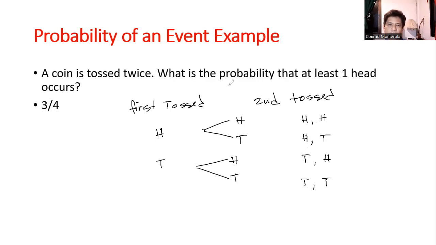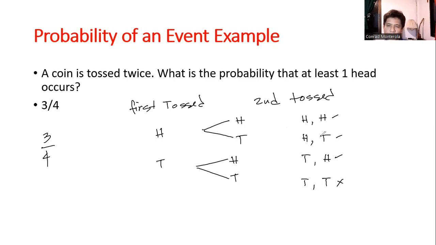Now we are asked what is the probability that at least one head occurs. So this belongs to the event because it contains two heads. Also this two belongs to the event. So the only one that does not belong to the event is the last one, yung TT. So if you're going to calculate the probability, it would be 3 divided by 4. Kasi we have 1, 2, 3, tapos the total is 4.